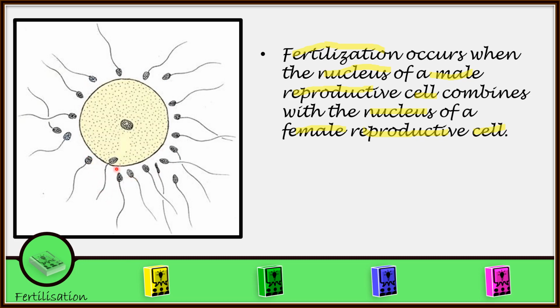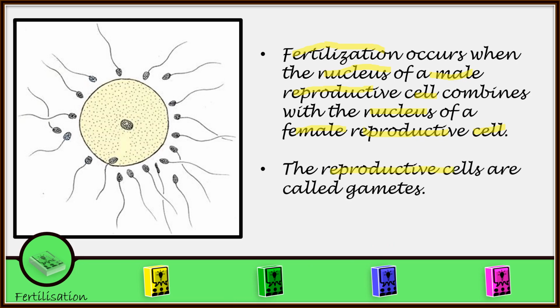When they come towards the female reproductive cell, only one will penetrate through the cell wall or cell membrane of the ovum, and it is the one whose nucleus will combine with the nucleus of the female reproductive cell, and then fertilization would have occurred.